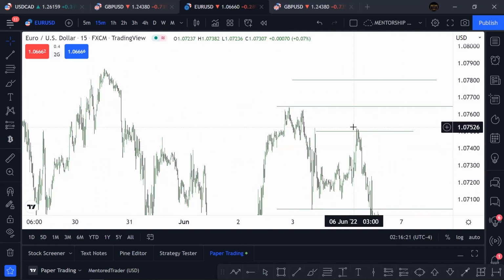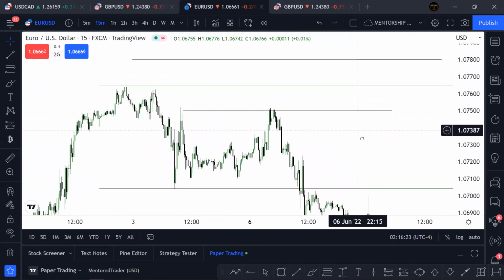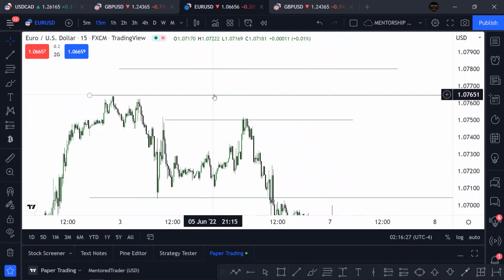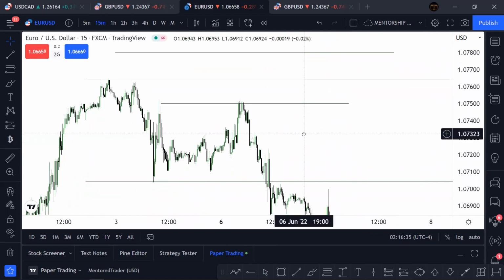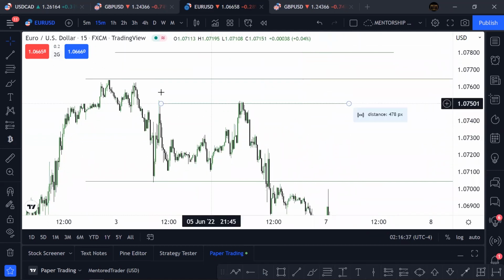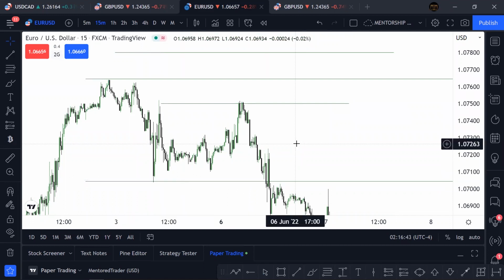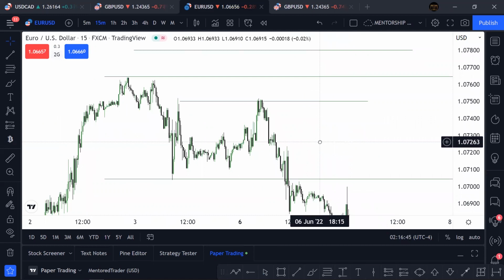But these are the things I want you to look for above this, between these two. If you don't find yourself having an 80 or 50 level on the previous candle, you don't trade that day. Not every day is a trading day. Go to another currency pair.